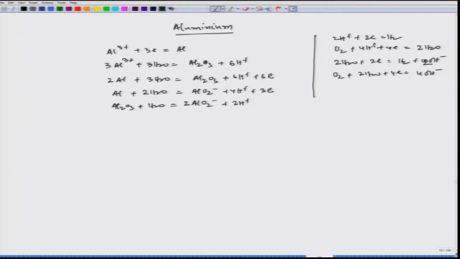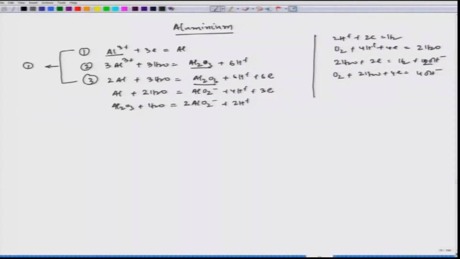Now, you see that these three equations, 1, 2, 3, can be clubbed together, because here we see three species. We are not considering H plus and H2O here, because we have to see the metal reactions first, the way we have seen in the case of nickel, and then we will talk about water reactions.